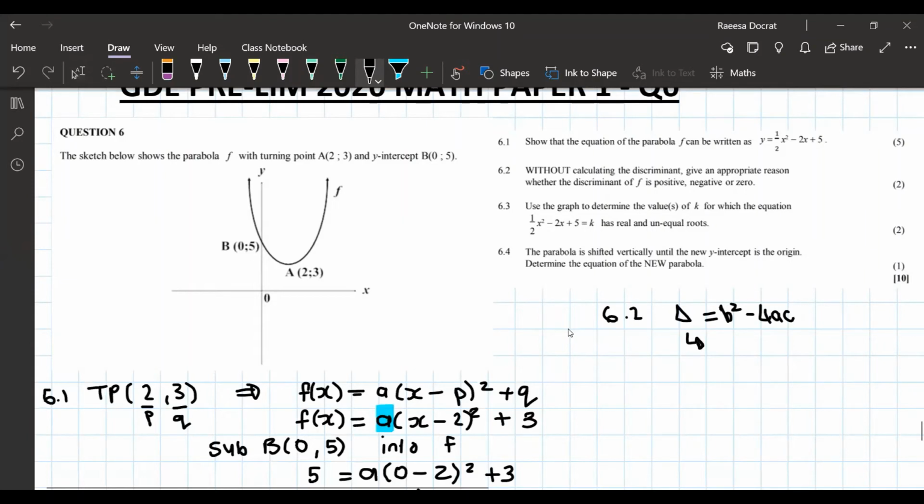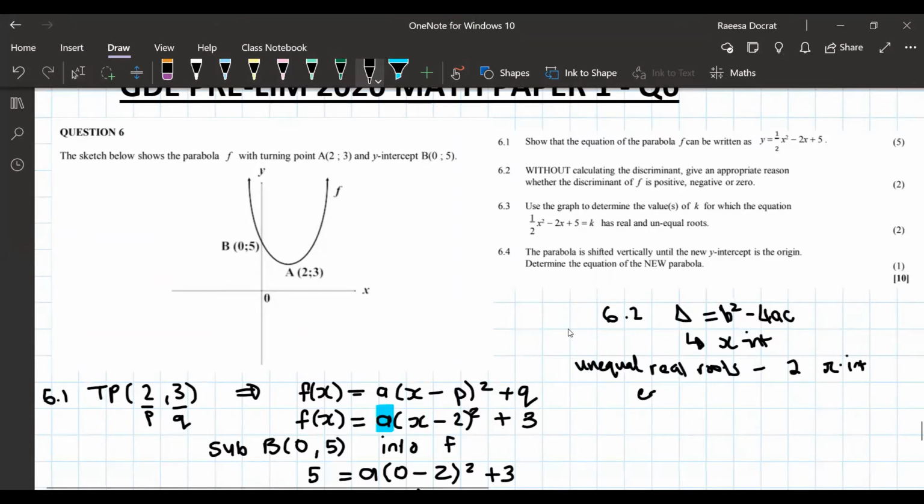This has to do with the x-intercepts. If we have real unequal roots, so if the discriminant is positive, then we have 2 x-intercepts.